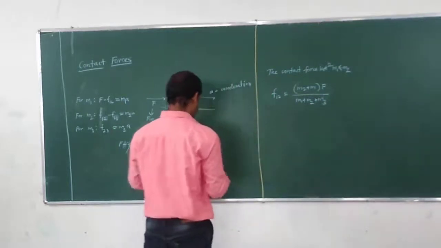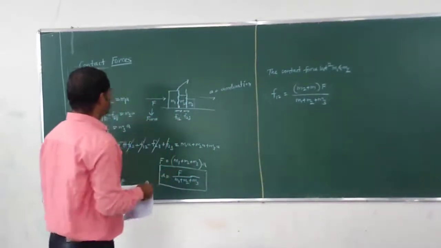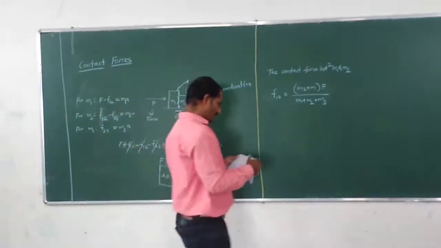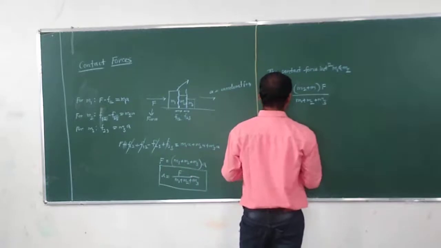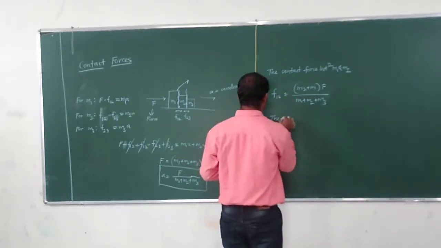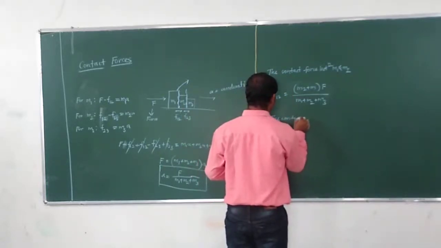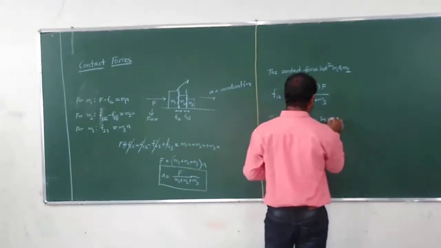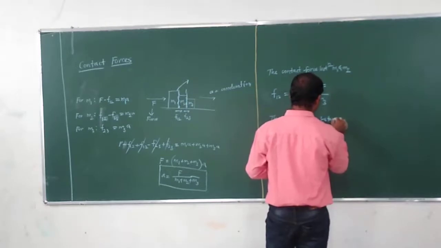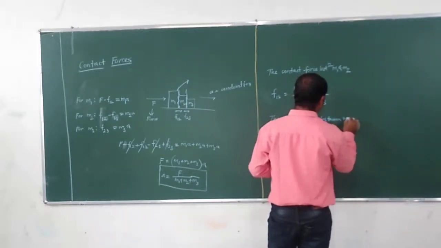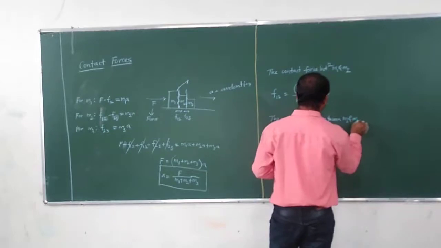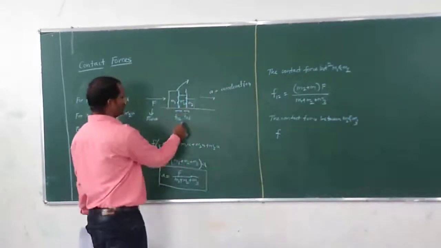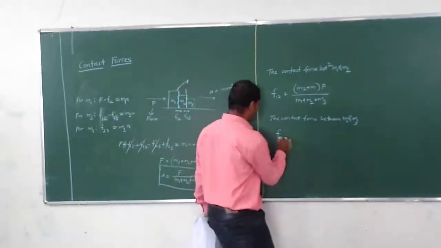Right? त्याच्यानंतर contact force between M2 and M3 हे आपल्याला फाइंड करायचं आहे. तर contact force between M2 and M3 कसा डिफाइन केला आहे, F23.